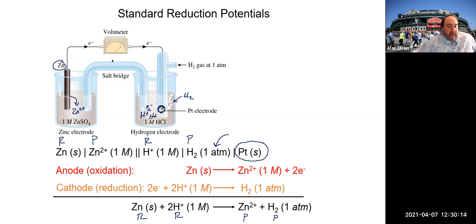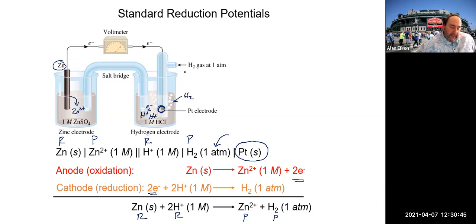So again, here we also have our salt bridge, which is going to keep that balance in charge and allow this cell to continue to run from one side to the next. So that's why our oxidation here is our zinc, losing a couple electrons, H plus from the hydrochloric acid in the solution that's floating around, picking up a couple of those electrons, producing the hydrogen gas that you see actually bubble off here. Any questions on that there?